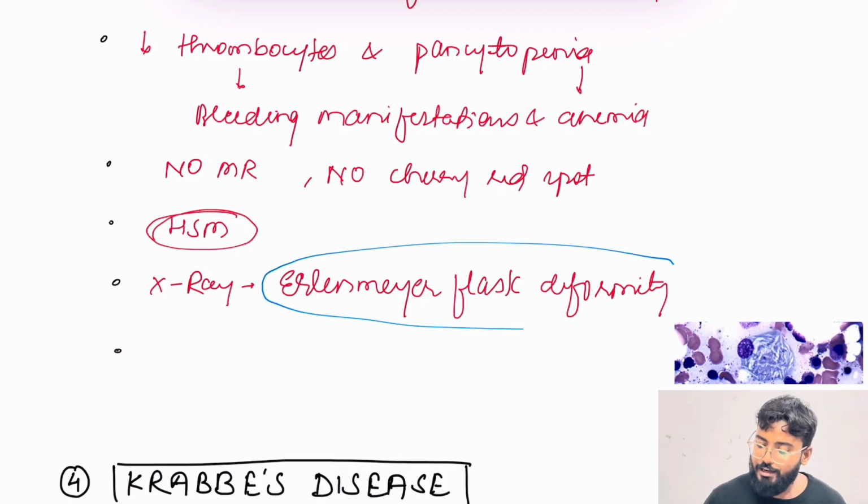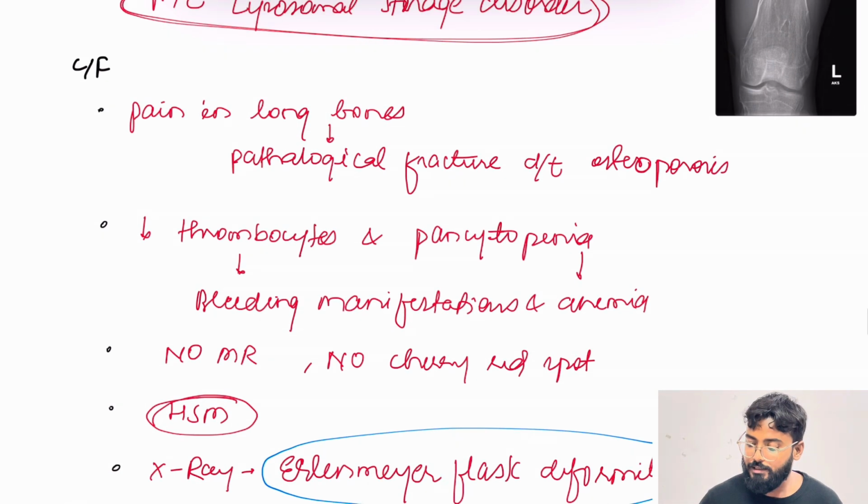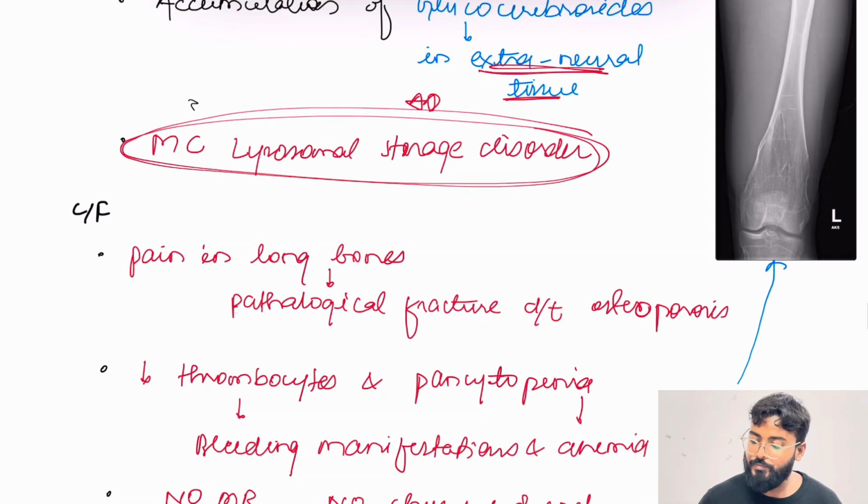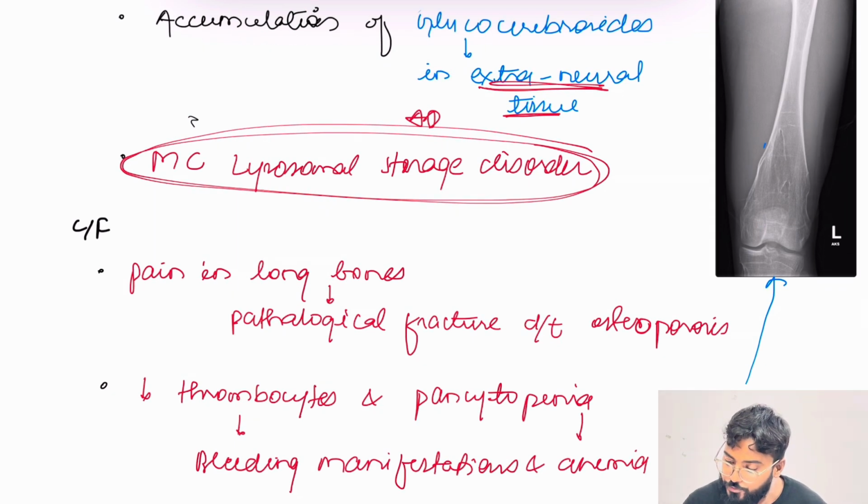What is Erlenmeyer flask deformity? It's this one. You see, the bones here are like this, and here you can see the bones are a bit eroded. So what is an Erlenmeyer flask? You must have seen in your labs this kind of flask.